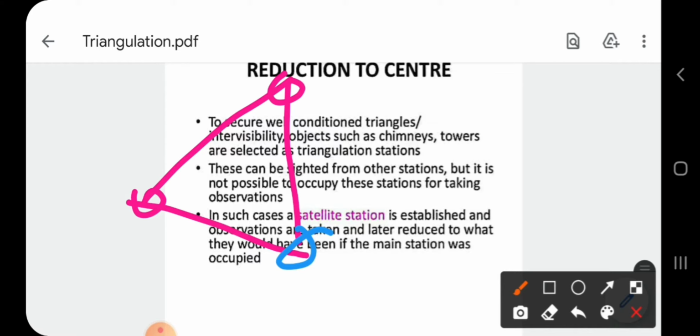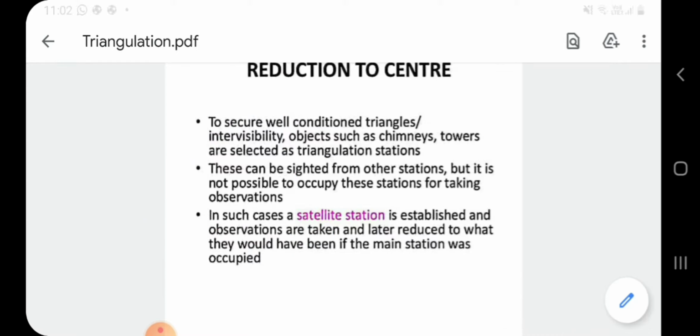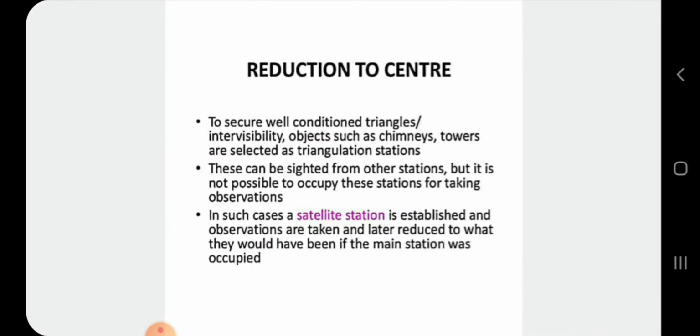Our observations will be taken from the new point, but actually we have to take the readings from that exact point where the signal was kept. So we have to make a correction, and that correction applied to these observations is known as reduction to center.